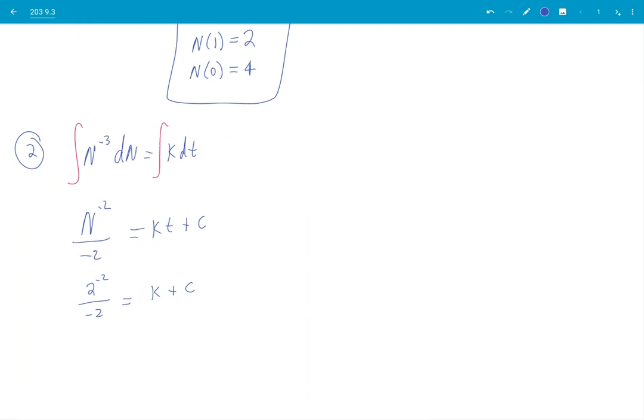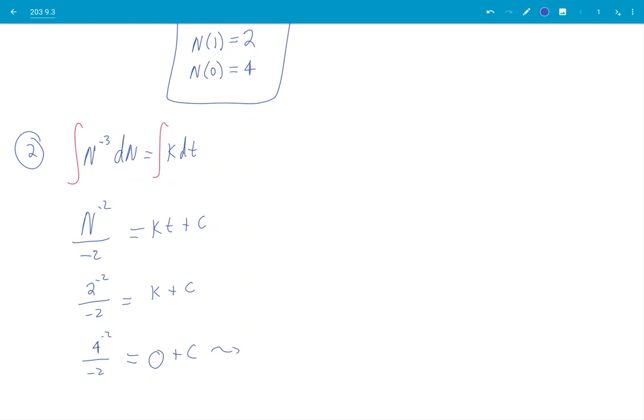And then when time is 0, we get 4 to the negative 2 over negative 2 plus c.